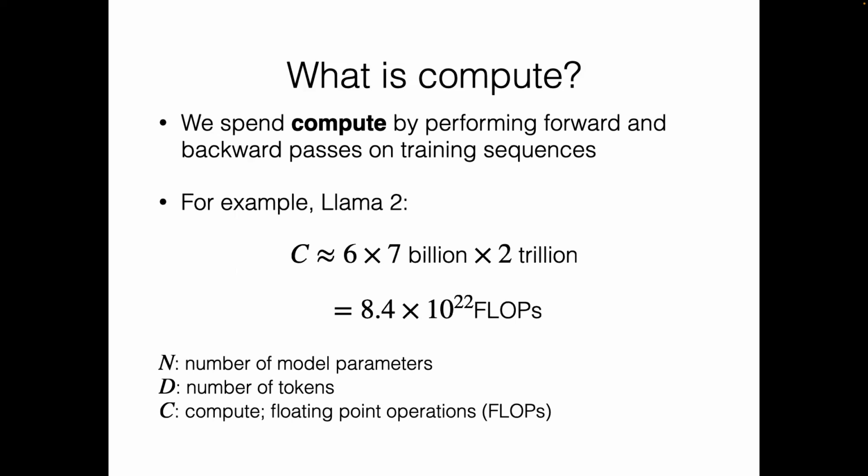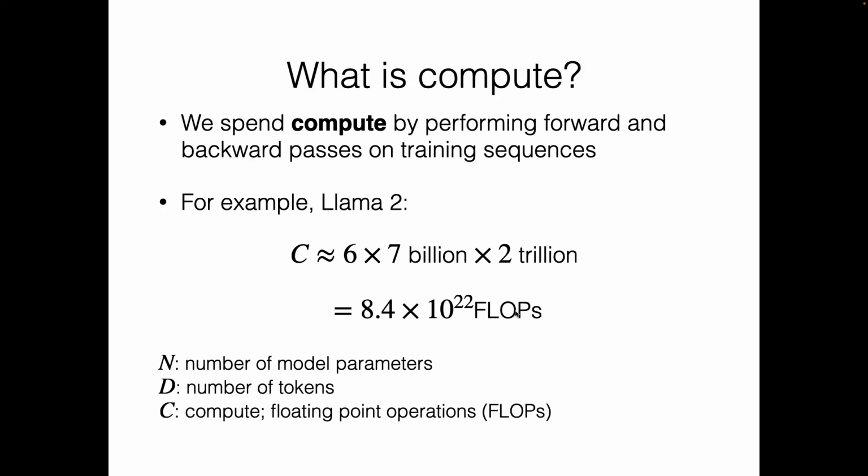And so for example, with the Llama 2 model, which you're looking at for the homework, when they pre-trained it, it would have this 6 here, and then one of the Llama 2 models has 7 billion parameters, and they trained it on 2 trillion tokens. So you get this big number here, and it's basically the number of floating point operations that are used during pre-training.